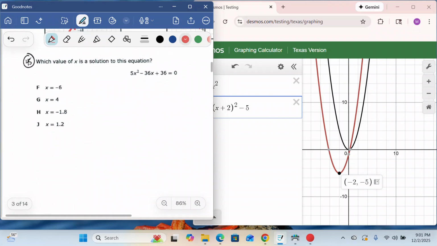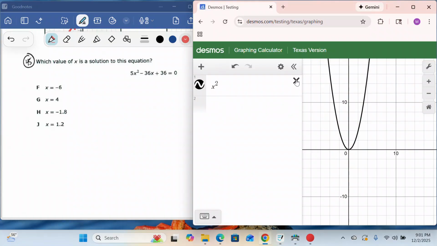So we're going to look at which value of x is a solution to the equation. Once again, all you do is input this into Desmos and you get your two solutions. Our two solutions are our zeros, and that should give us our answer.